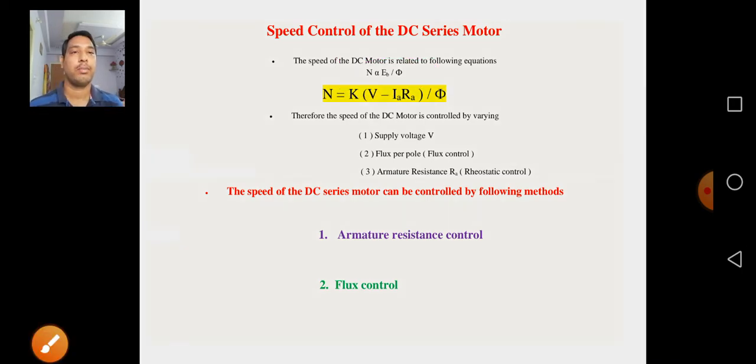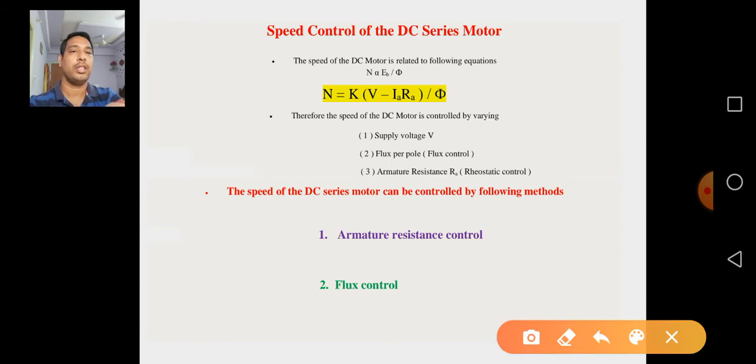If you take out the proportionality constant k, then in the first class we derived EB is equal to V minus IARA, so EB is replaced by V minus IARA.